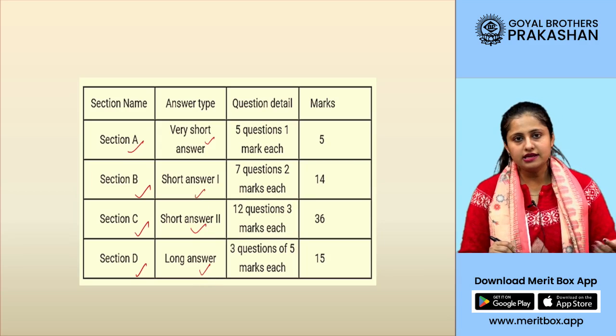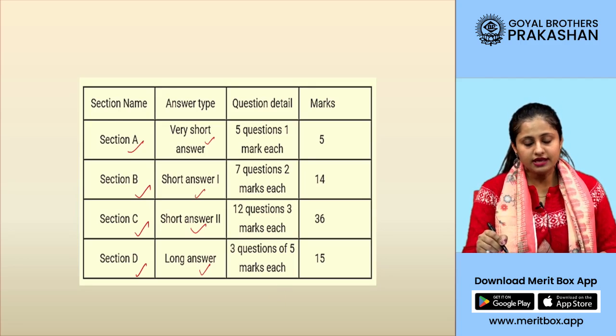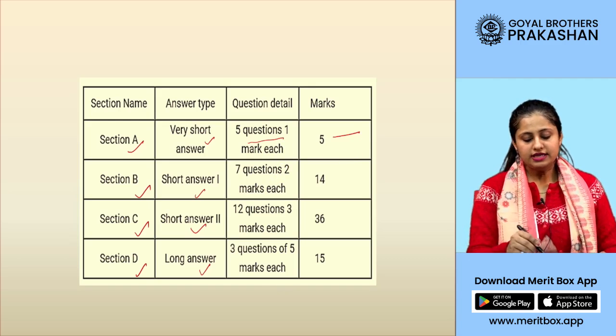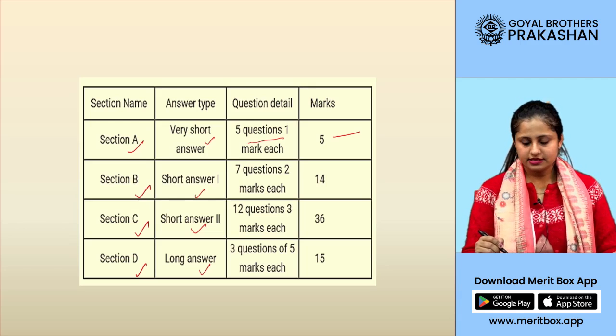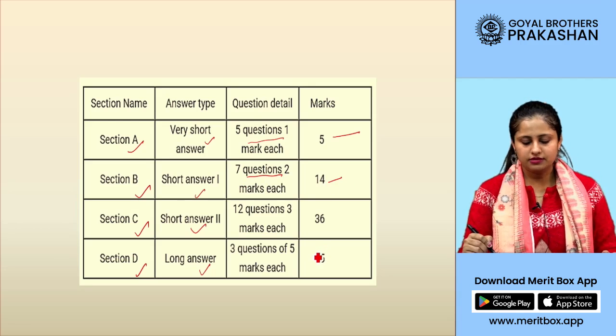The question details are given: for section A, you get 5 questions of 1 mark each, so 5 marks. In section B, you get 7 questions of 2 marks each, so 14 marks.